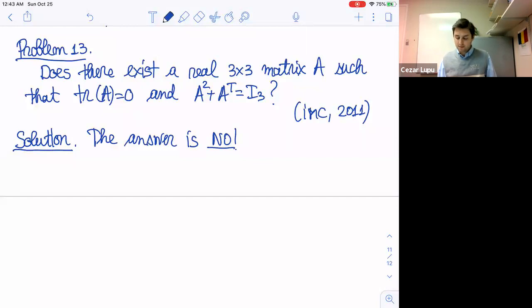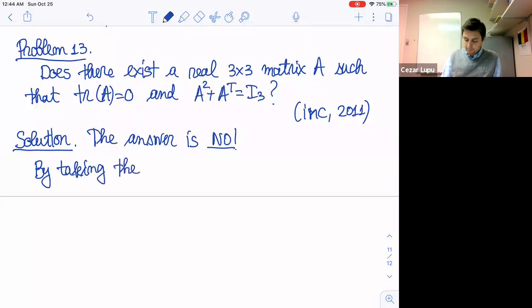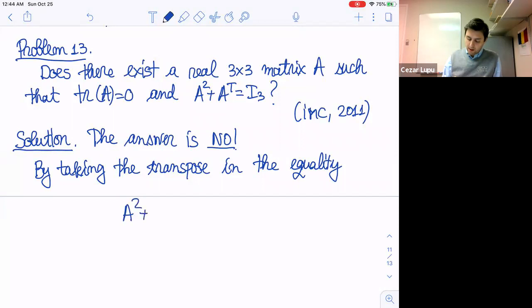Why not? So by taking the transpose, the equality A squared plus A transpose equals the identity we have.